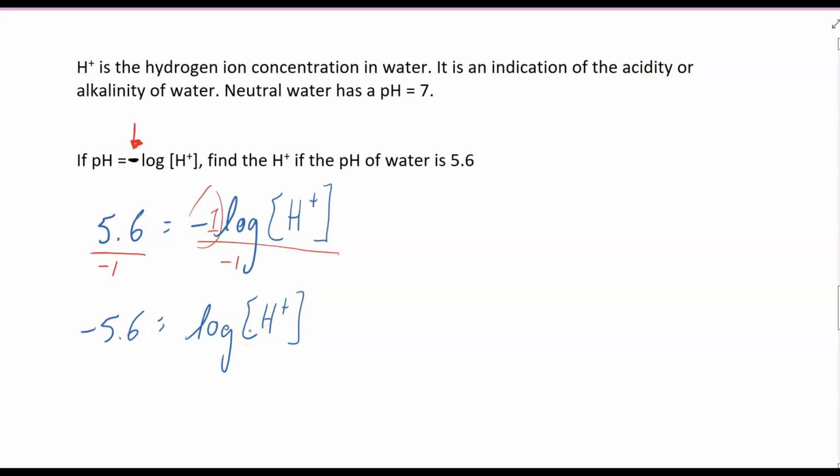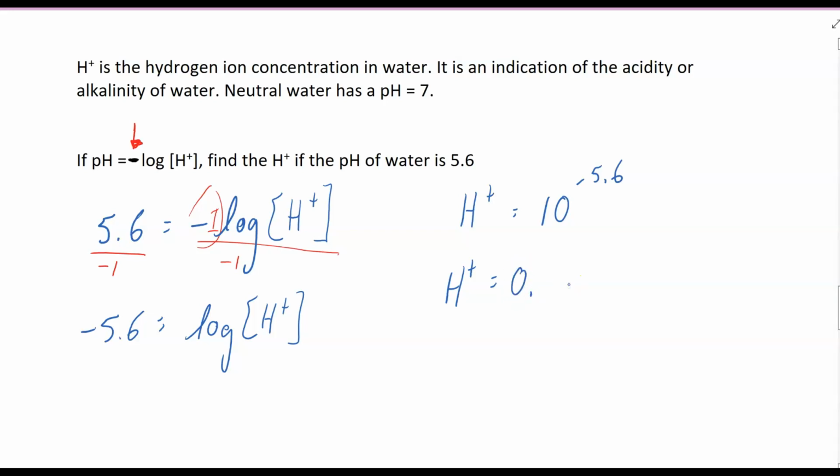Now we have coefficient 1, which means we can change to exponential form. The base, or the hydrogen ion concentration, is equal to 10 to the power of -5.6. And that number is, let me get my calculator, 0.